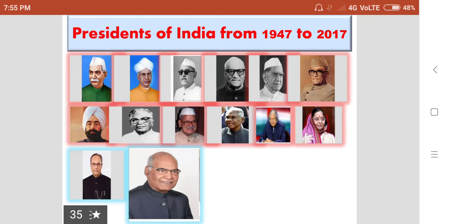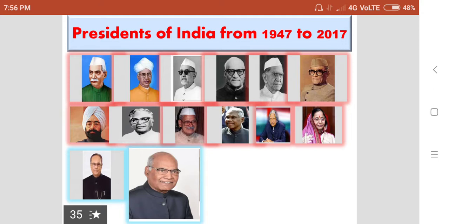11th, the famous scientist who became the President of India, Dr. APJ Abdul Kalam. And after that, Pratibha Devi Singh Patil became the first woman president of India.